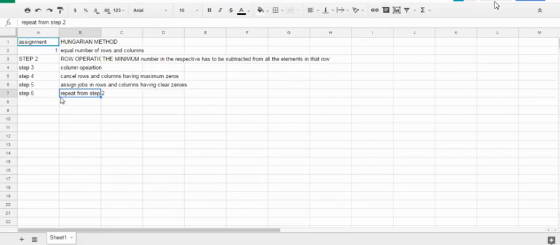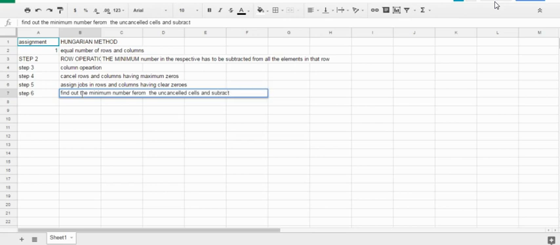So I'll write down here in step 6: don't just repeat from step 2, but what has to be done? Find out the minimum number from the uncancelled cells and subtract it from the uncancelled numbers only. See guys, this is important.